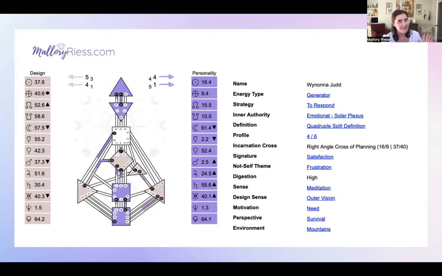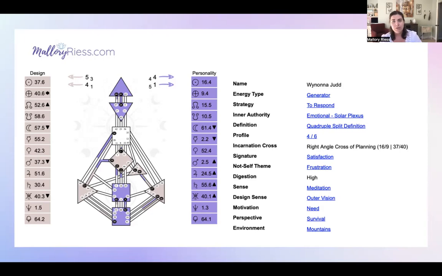I get a little dyslexic sometimes, I apologize. That would connect to gate 48 at the top there, but gate 48 isn't active, so she doesn't have that whole channel active. We call that a hanging gate, when we just have one gate that makes that channel activated.